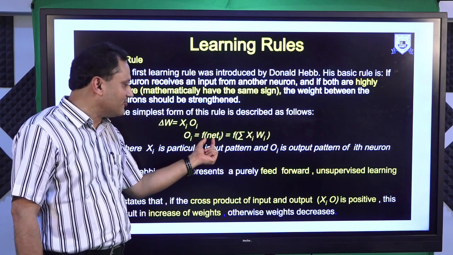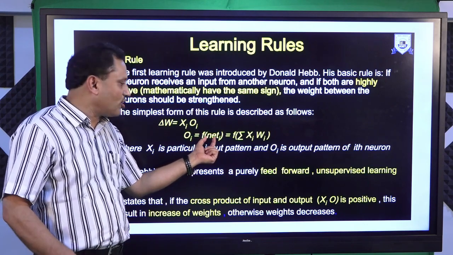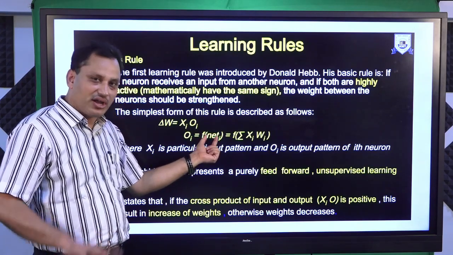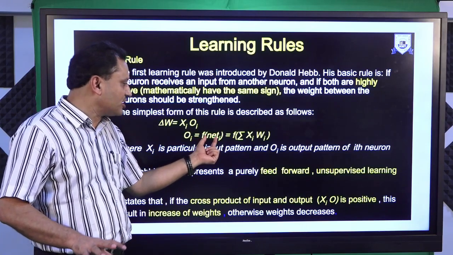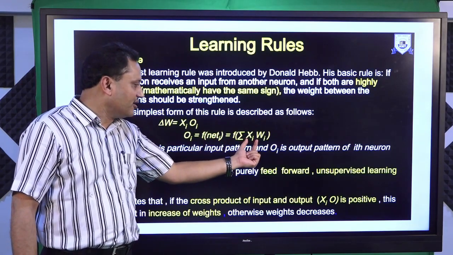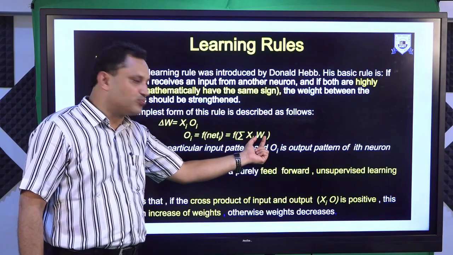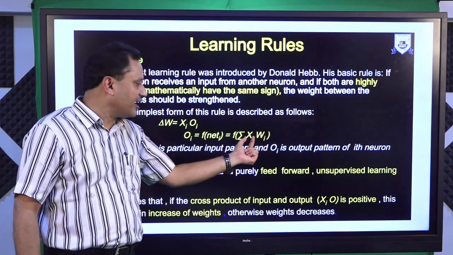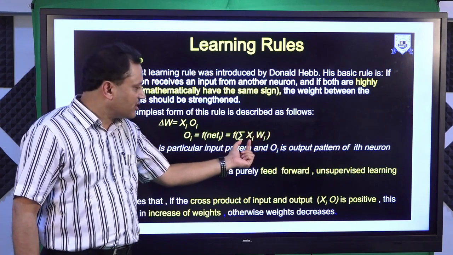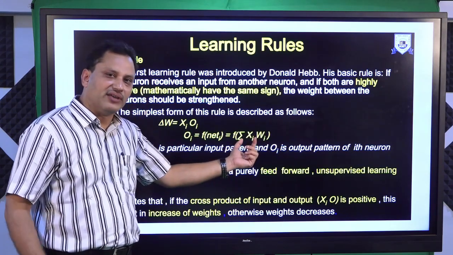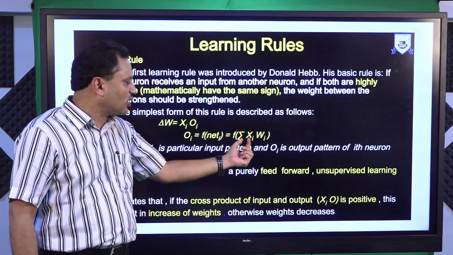Net i, as we have discussed, is a summation element. It sums the input patterns Xi with their weights omega i. There may be 2-3 input patterns, and they will have corresponding weights. So here what will happen?